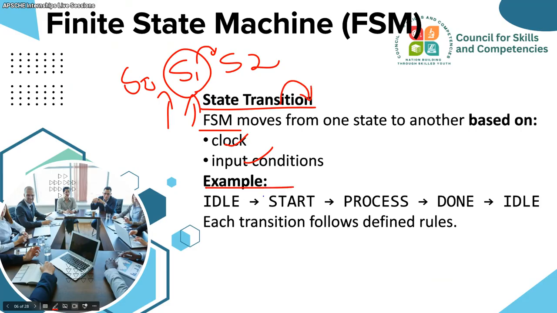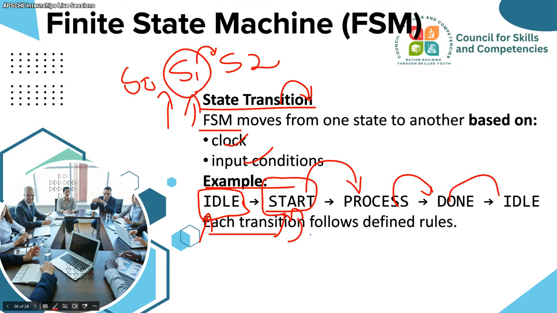For example, first it will be in an idle state, and when we give an input, that means start, it will move into the start state. Depending on the clock and the input, it will do the process, then it can move to the done state, and then again come back to the idle state. Each transition follows a definite rule.